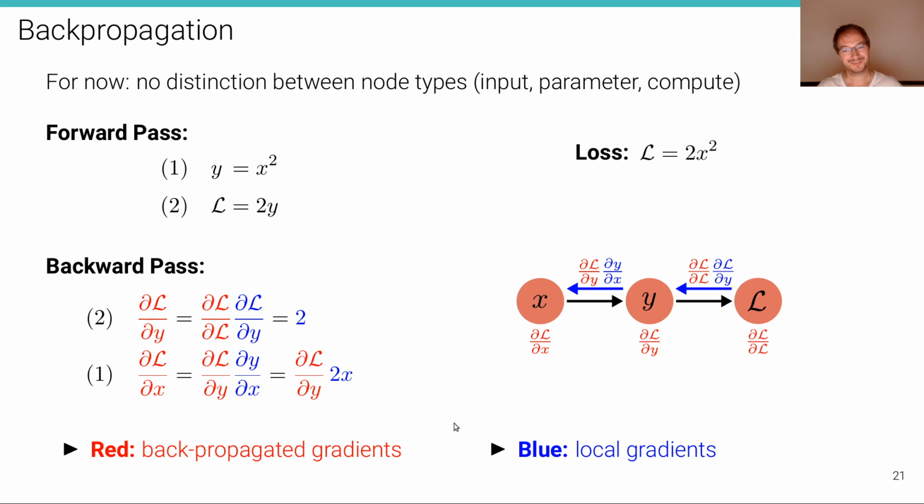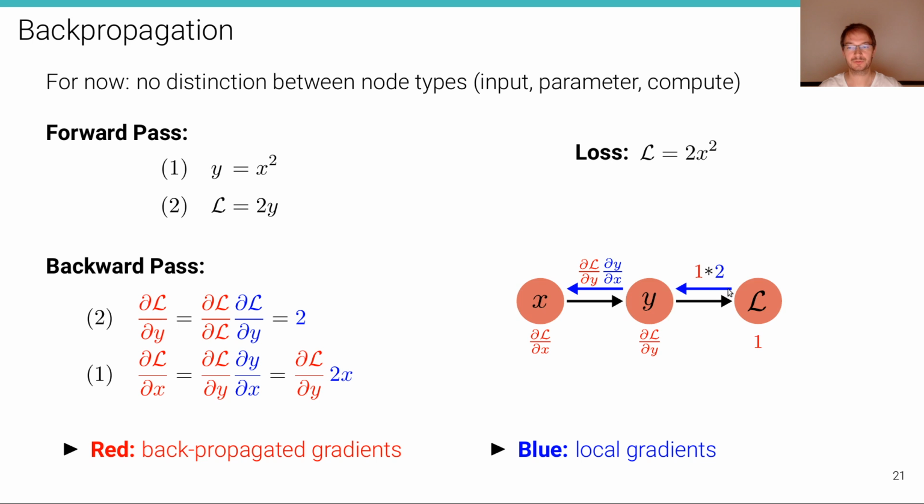So that was maybe a little bit abstract, so let's make it very concrete. What we do here is we plug in the actual numbers, right? So the gradient of L with respect to L is 1, so we plug it in here. And then we multiply it with the gradient of L with respect to y, which is 2.